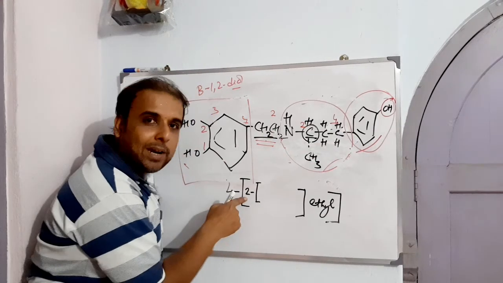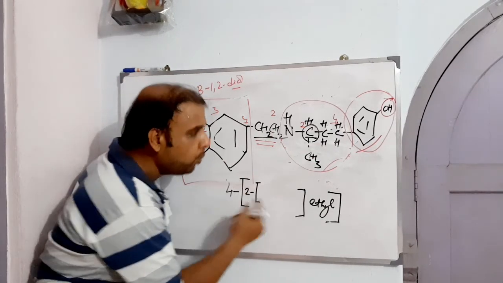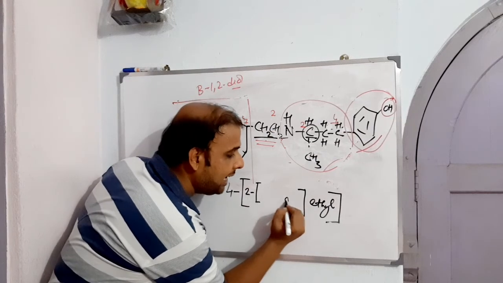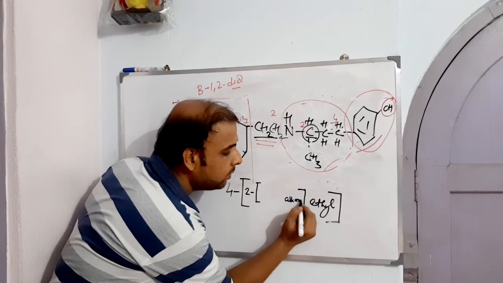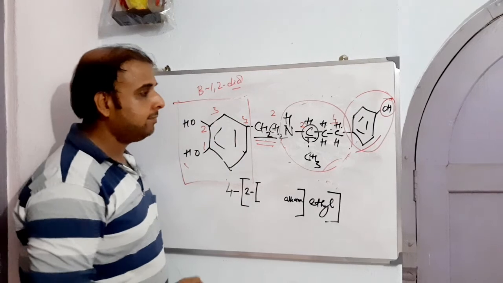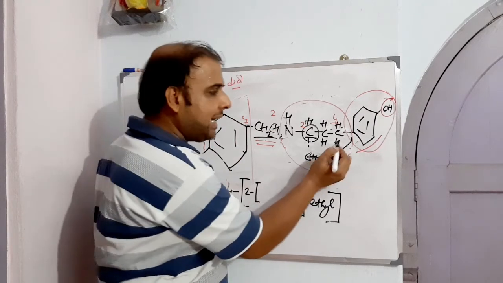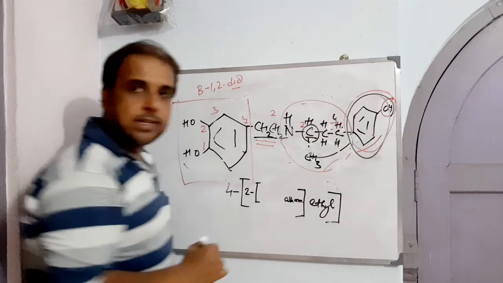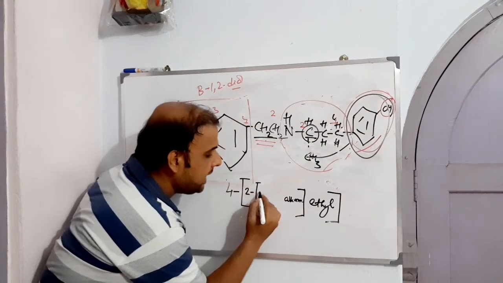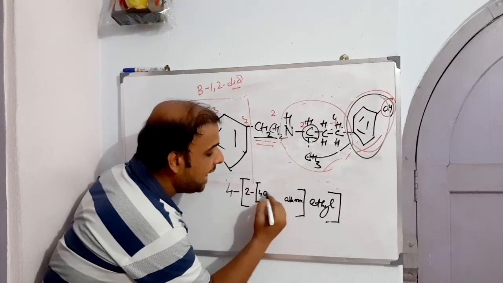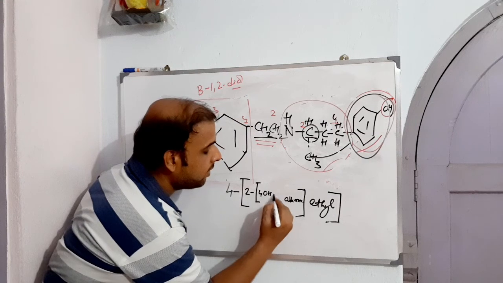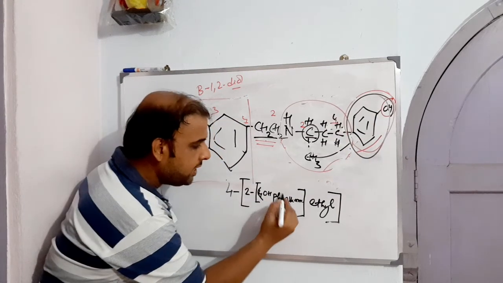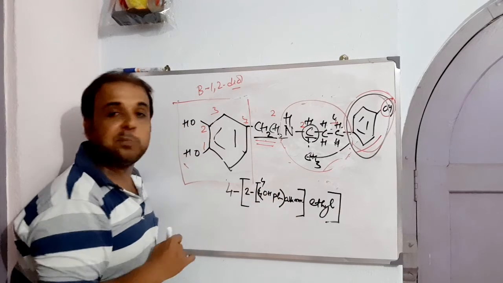That is why I have written here, 2. So here you have to mention, as I said, alkyl amino. Right? And it is the alkyl substituent that at its fourth position is holding what? 4-hydroxyphenyl. So likewise, it is the 4-hydroxyphenyl which is being held by the 4.